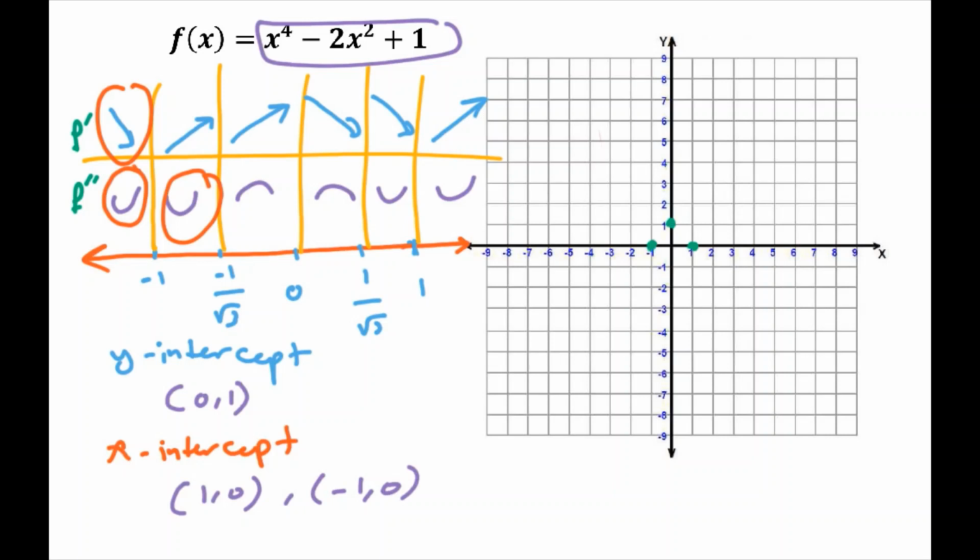I want to put negative 1 over square root of 3, 4 over 9 somewhere here, and the same with this one. I'm talking about these points. So let me do it again. It goes here, concave up and then down, and then up and down, and then up.